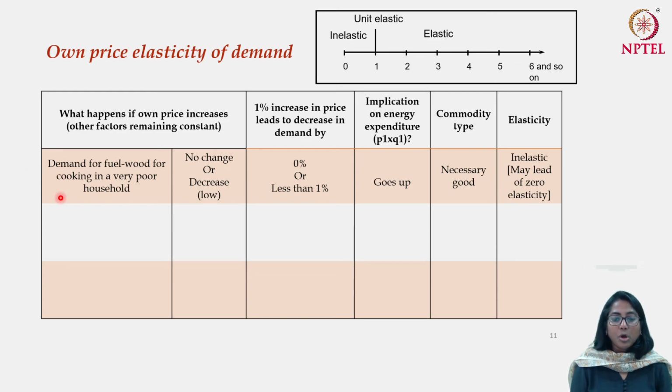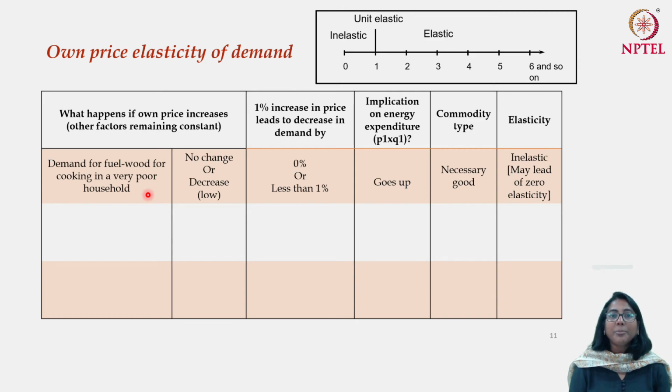Demand for fuel wood for cooking in a very poor household. So what happens to the demand of fuel wood for cooking in a very poor household if the price of fuel wood increases? Imagine you have to set the context. You have to understand the context. There is no one specific answer to this question, right? The context is defined by the fact that it's a very poor household and they cannot afford to move upward on the energy ladder.